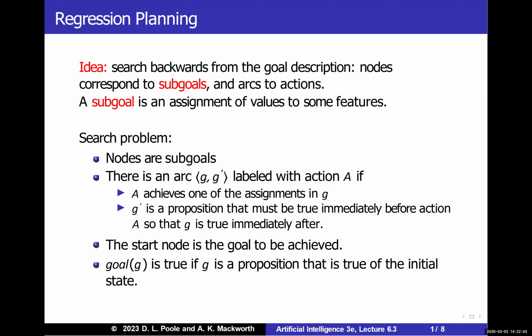We then identify actions that could achieve one of those sub-goal conditions and compute what must have been true before that action. This continues until we reach a sub-goal that is satisfied by the initial state. At that point, we have effectively constructed a valid plan. Regression planning shifts the focus from reachable states to required conditions.